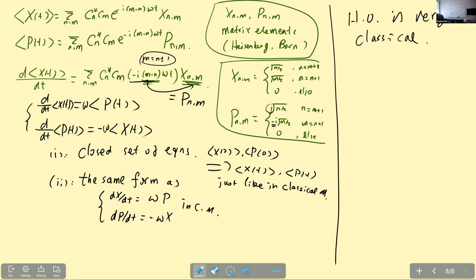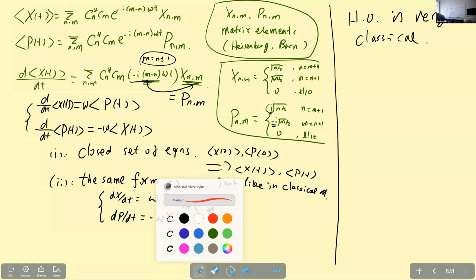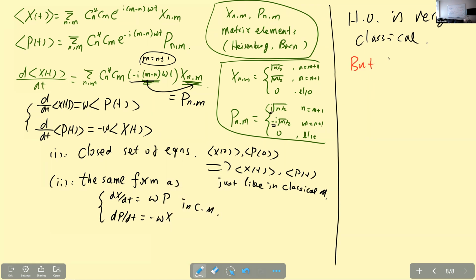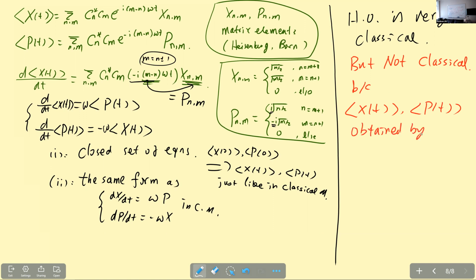But it must be noted that these are obtained by many copies of measurements.